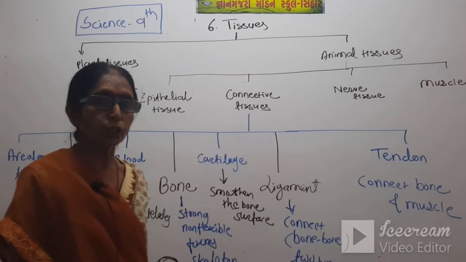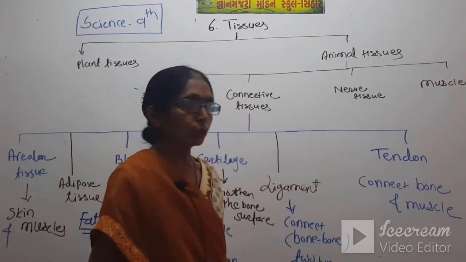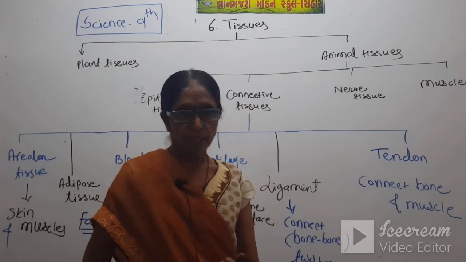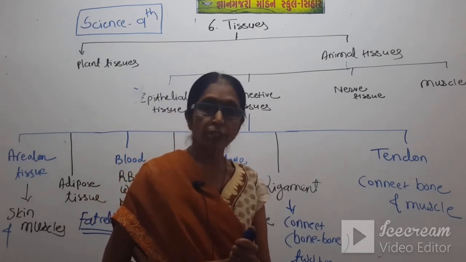So 2 types of animal tissues are left. We will learn about that in the next session.